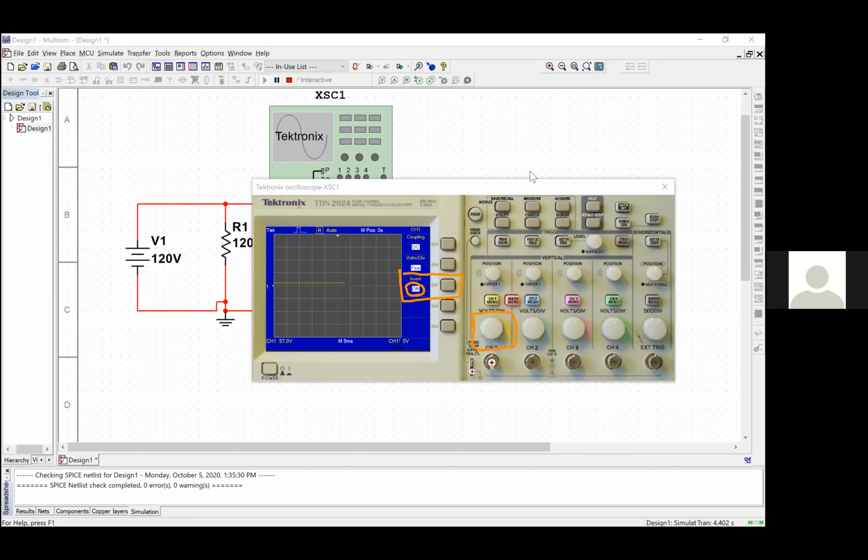So that is my ground. When I go back from the coupling to measure DC, I can see once more that I have, in this case, 57 volts per division, and I am a little bit above the second division. That's going to make it a little bit hard to determine my real 120, so I have two different choices.